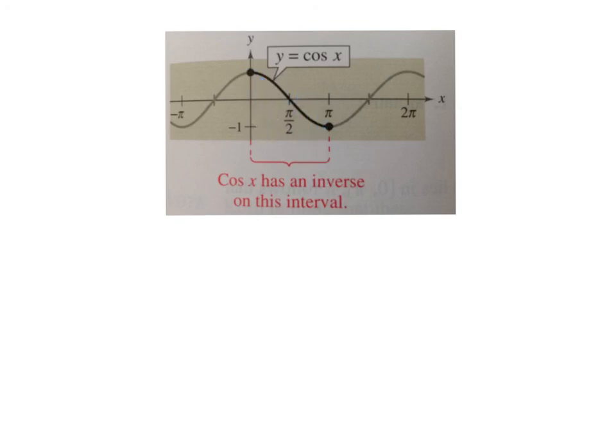I'll show you some pictures here in a couple of slides, but right now, cosine, let me write it out here. Cosine of pi over 2 equals 0. And just remember, we're still referring to the unit circle idea here, and cosine is still x values.